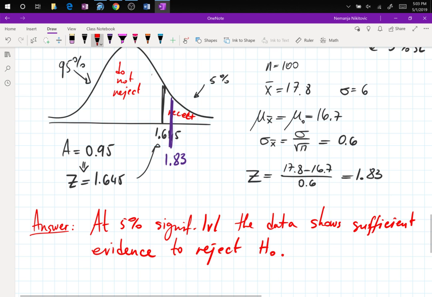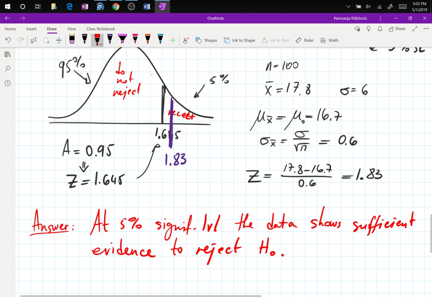Now, you only do the right tail test, and you have 5% from one side, which means the barrier is moved, and it's actually easier to reject the null hypothesis in favor of the alternative hypothesis.